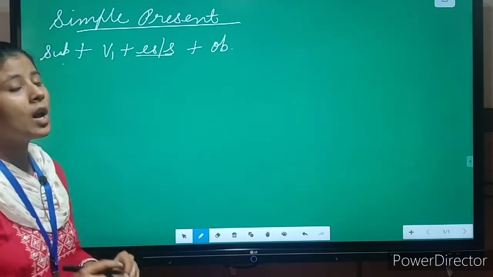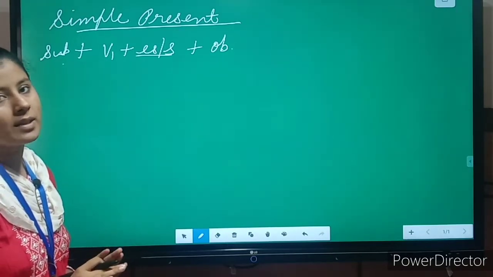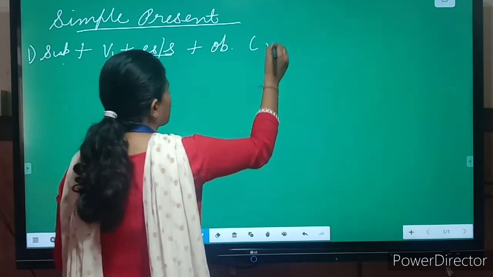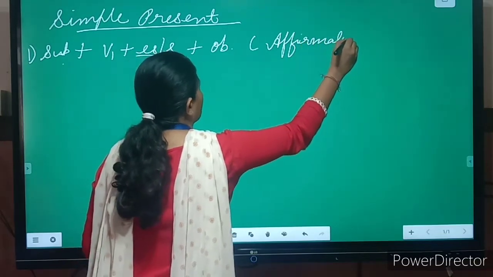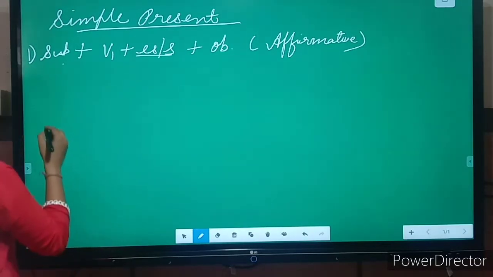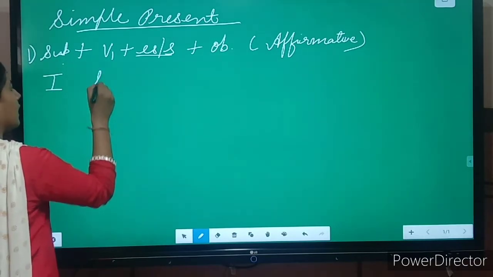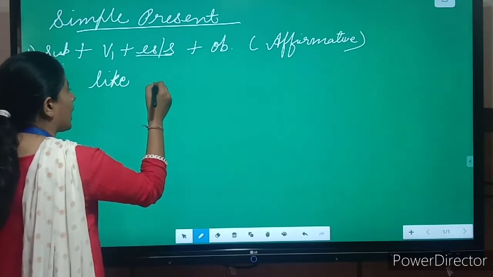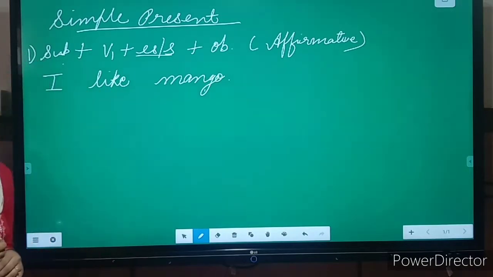This structure is for positive sentences, or you can say affirmative sentences. So this first structure is for the affirmative sentence. Clear? Let's have a look at an example. I like mango. So this is an affirmative sentence.